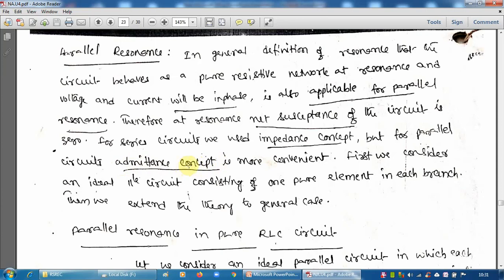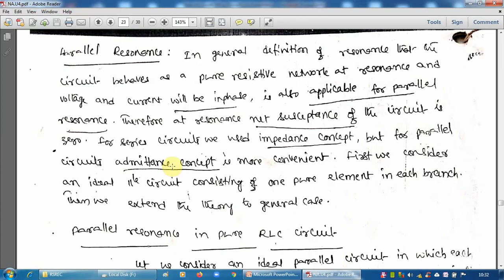Admittance is nothing but the reciprocal of the impedance. It is denoted by the letter Y, and therefore Y is equal to 1 by Z. In impedance, the real and imaginary components are named resistance and reactance respectively. Whereas in admittance, the real and imaginary parts are named conductance and susceptance.